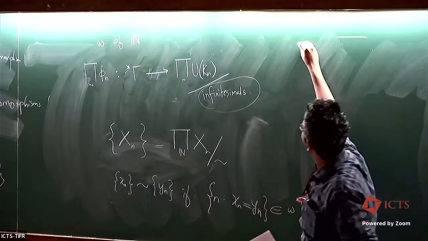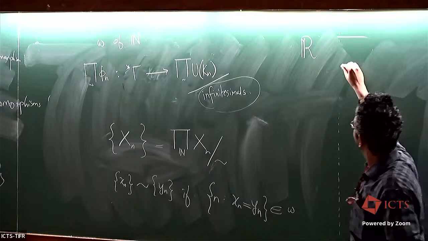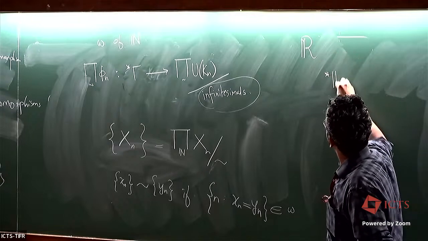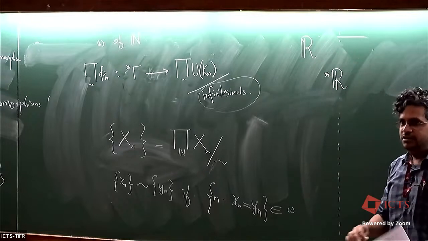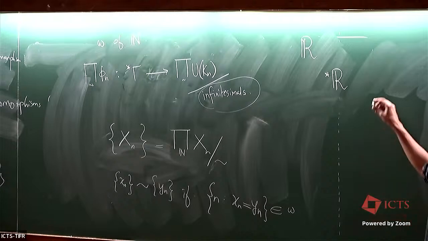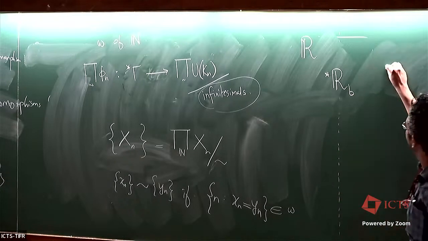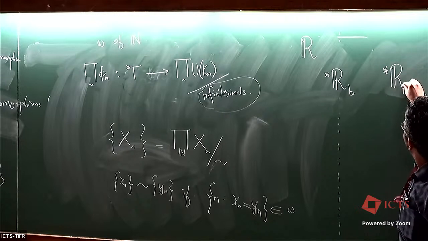For instance, think of R as the real numbers. You can take the ultra power of R. You should think of it as just sequences over R. It contains infinities and infinitesimals. You can talk about bounded sequences, and you can talk about infinitesimal sequences.